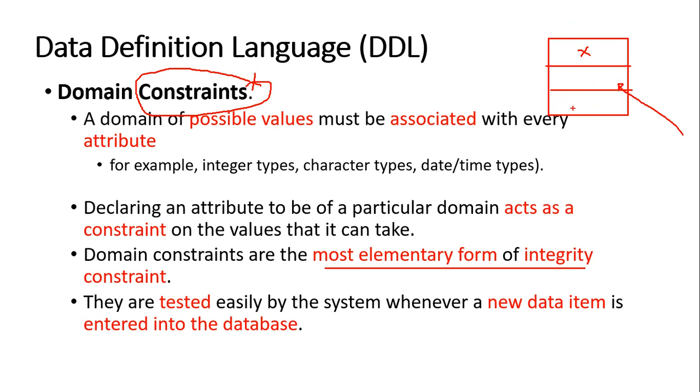It just becomes waste, because the data itself may not be reliable. So most of the time we would like to ensure that the data stored in the database is valid with respect to some domain.